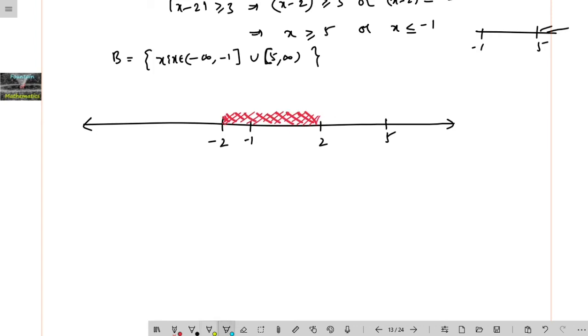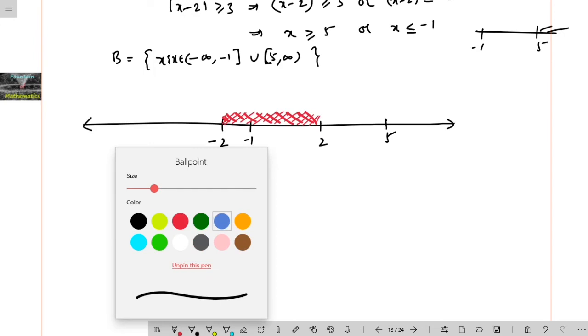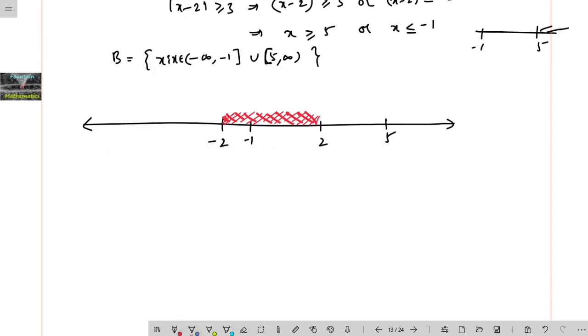Okay. And coming to the set B, above 5 and below minus 1. Okay, and here minus 1 is including, and 5 is also including.